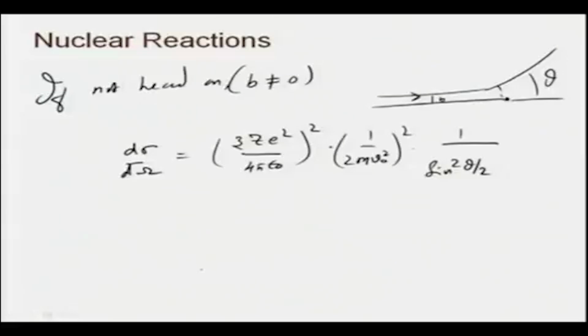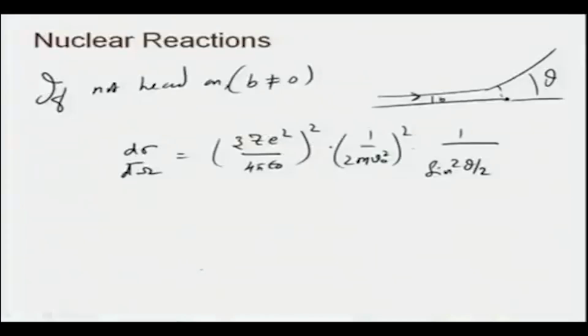Now, this expression also says that there is no phi dependence, which is again somewhat expected. It is expected because we are talking about a spherically symmetric potential. So, the only direction that we have here is the direction of this particle that is going towards this one, and the beam is expected to be cylindrically symmetric.